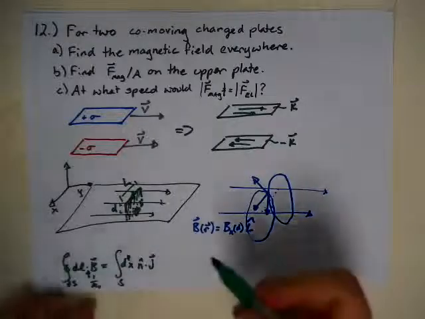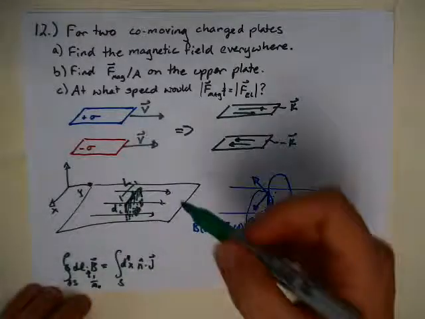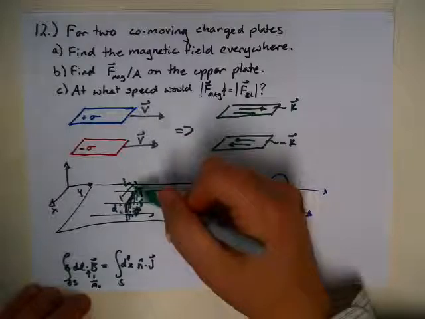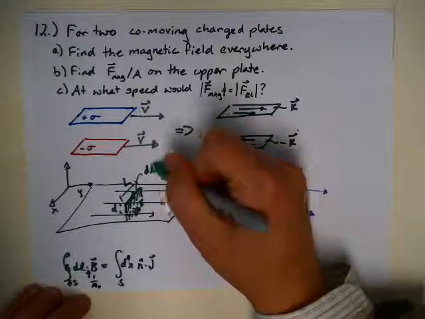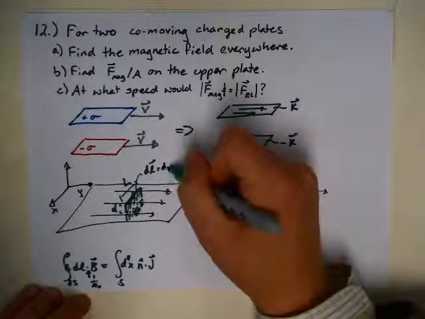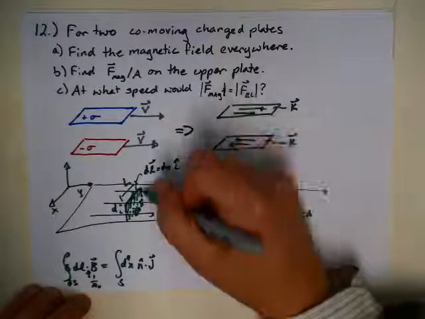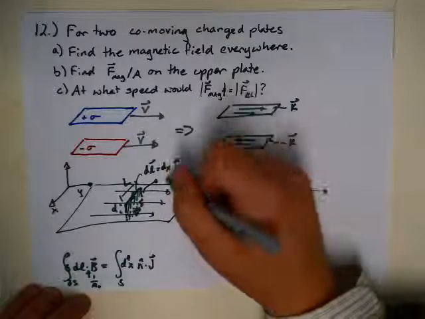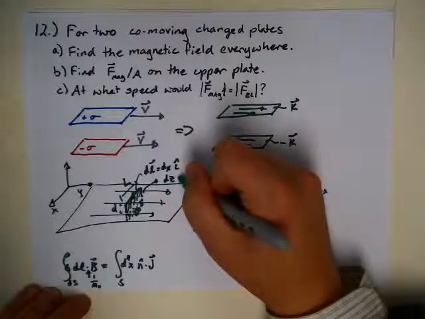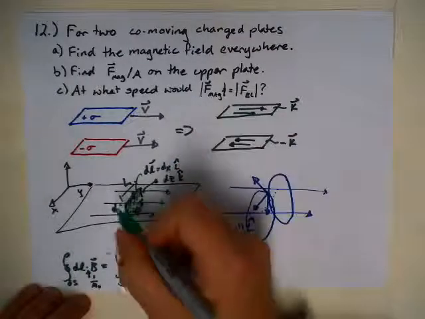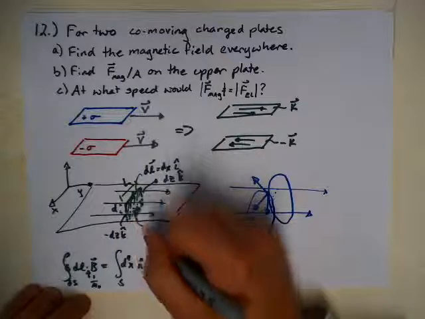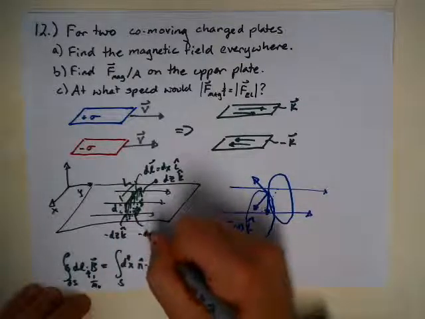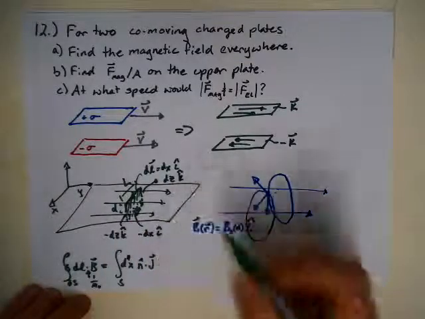And so here this path is going to be given for 4 different legs. On this top leg, this dl vector is going to be dx times i hat. On this leg going up, it'll be dz times k hat. On the leg going down, it will be minus dz times k hat. And on the leg here going sideways, it is minus dx times i hat.